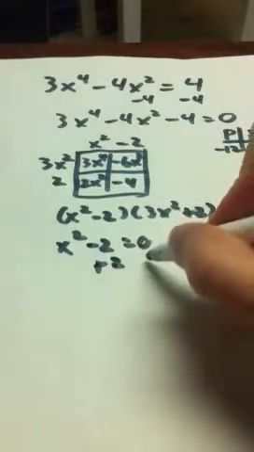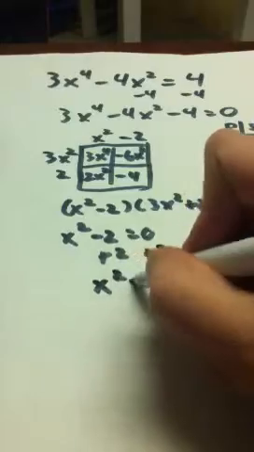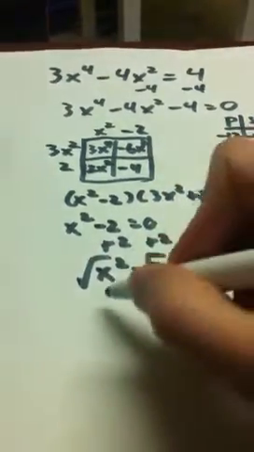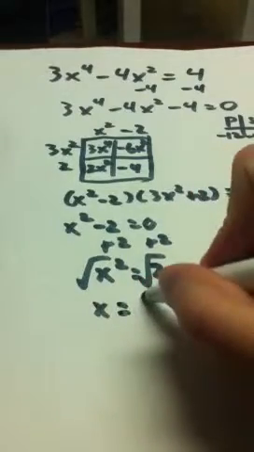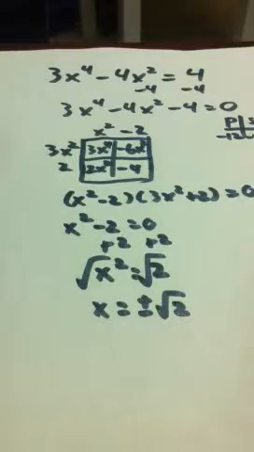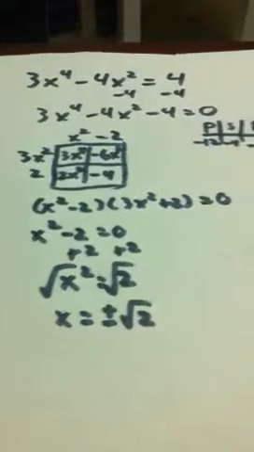Add 2. So I get x squared equals 2. Again, square root. And don't forget the plus or minus. So it's plus or minus the square root of 2. So there's two of my answers, positive and negative root 2.